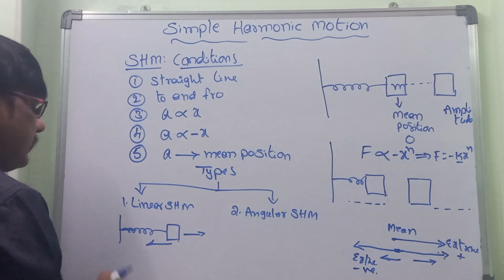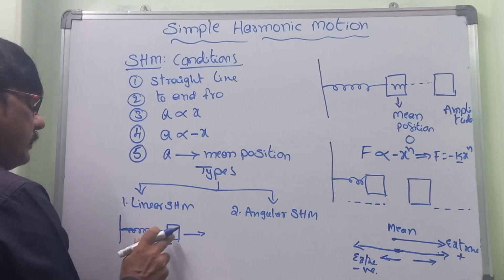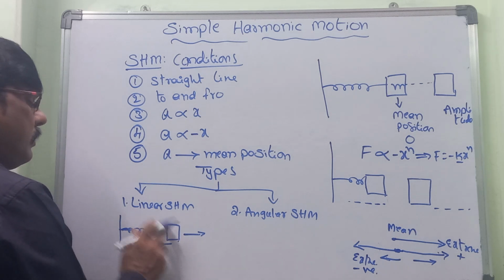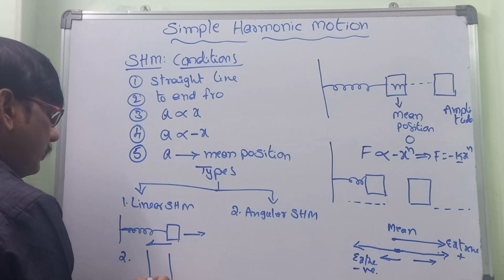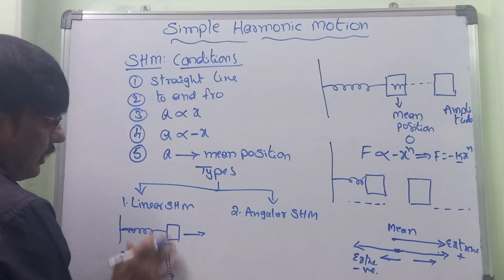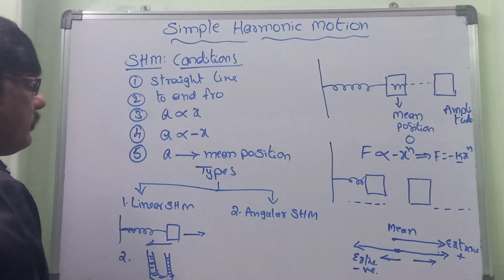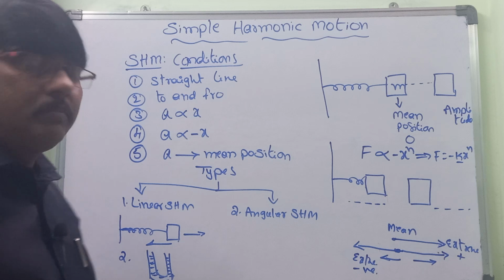So this is an example of linear SHM, a spring and mass. The second example is a U-tube. If we take liquid in it, the liquid moves up and down, so that is also an example of linear simple harmonic motion.